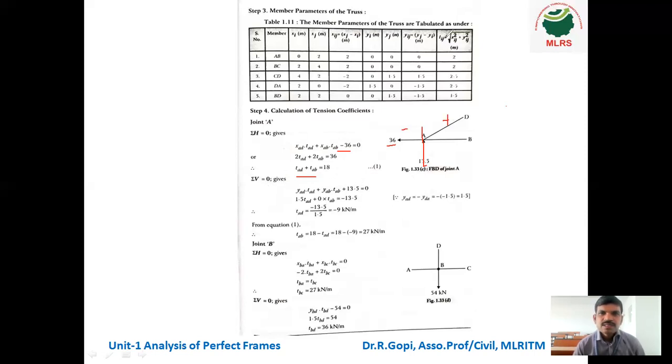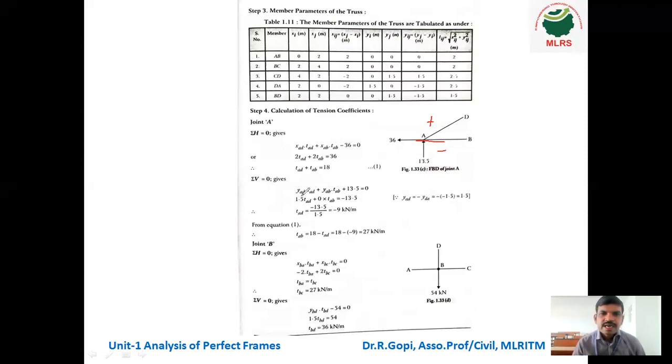Next, summation of V is equal to 0, with upward positive and downward negative. The AB member will not come in because it is purely horizontal. Write the equation YAD TAD plus YAB TAB. The reaction acts from downward to upward, so it is a plus value.